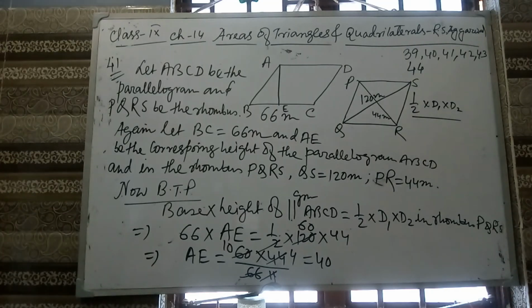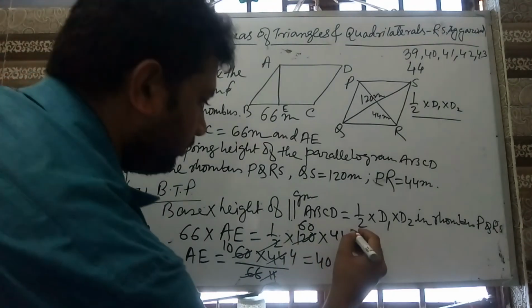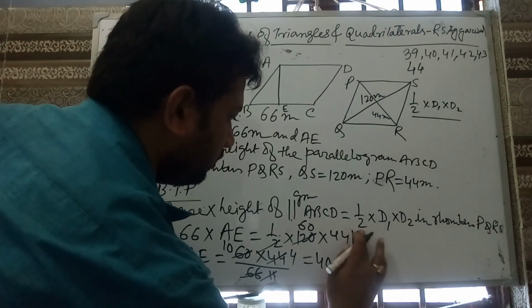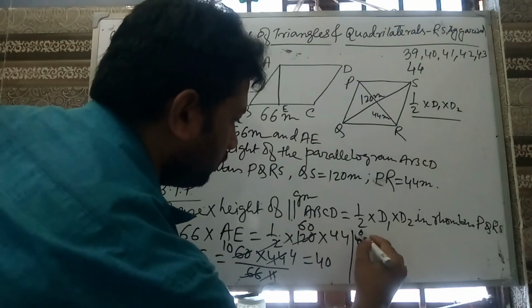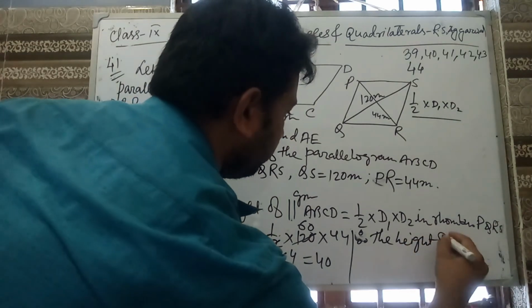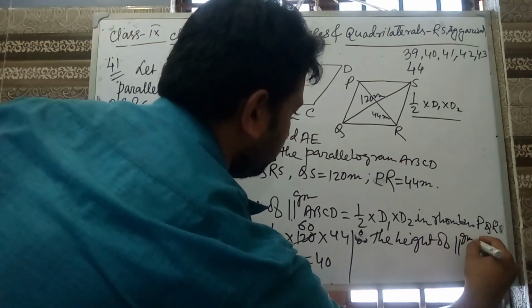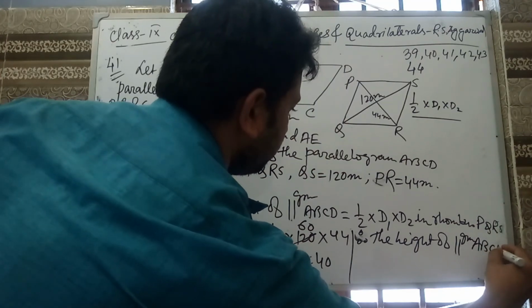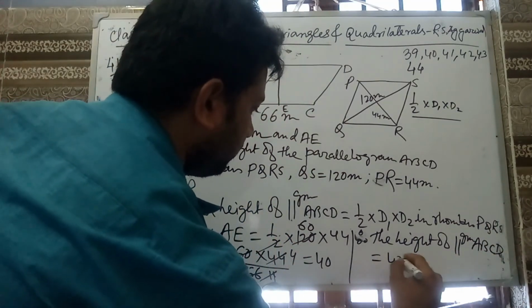So your last answer line will be, therefore the height of the parallelogram ABCD equal to 40 centimeter. Write down.